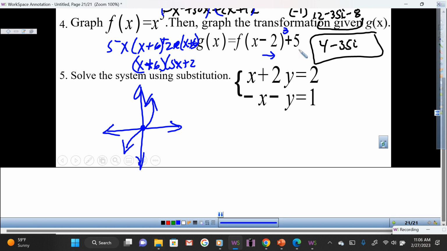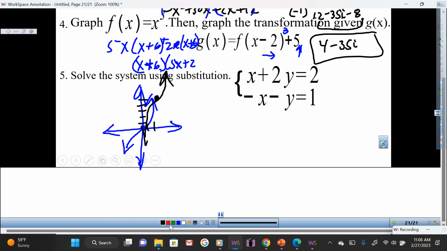Two to the right and 5 up. That is correct. So we go 1, 2, 1, 2, 3, 4, 5. And now our parent function moved up there. Thank you.